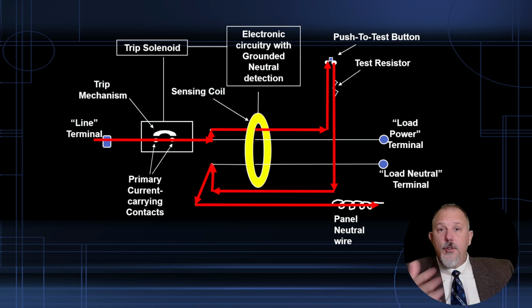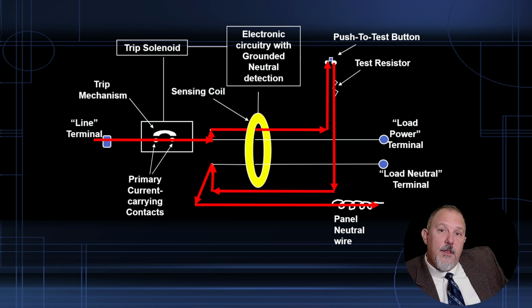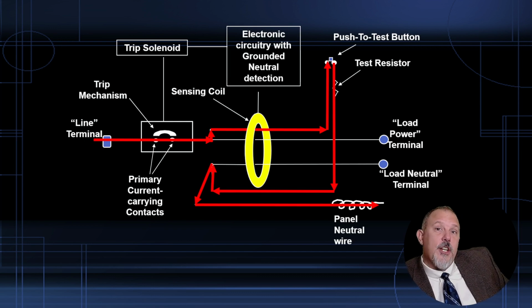Now, I'll show you a diagram of a 2-pole circuit as well. And the common question I get is, hey, Tom, I don't have a neutral. I've just got 2 hots and no neutral.